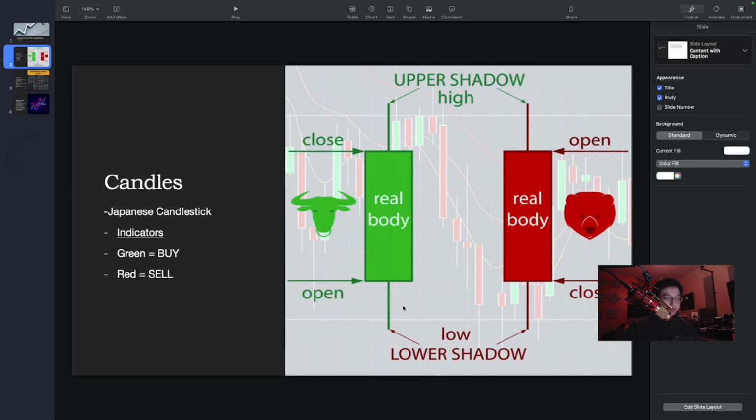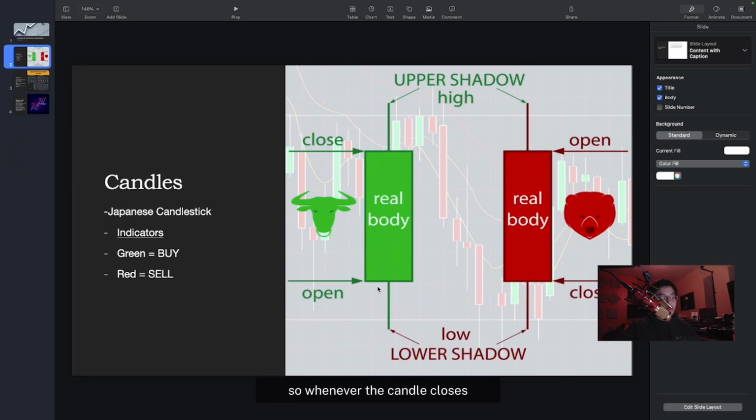Whatever time frame you're looking at, it will move up and down during that whole time until the time frame closes.